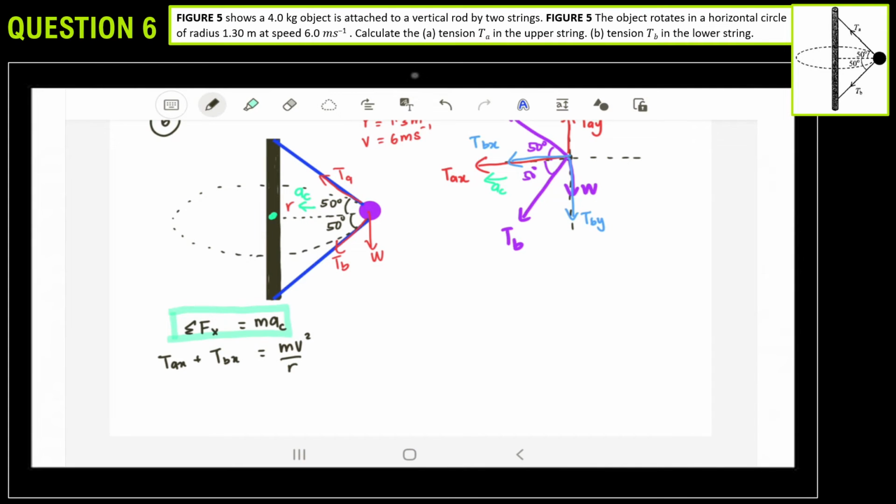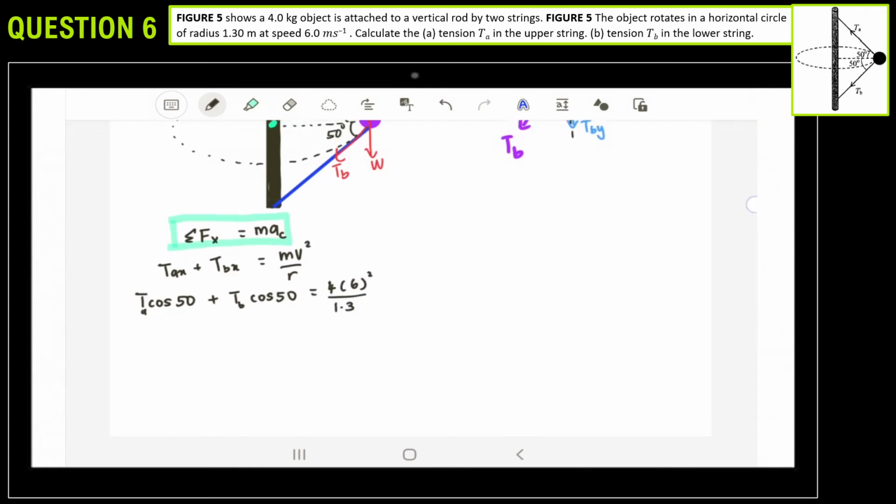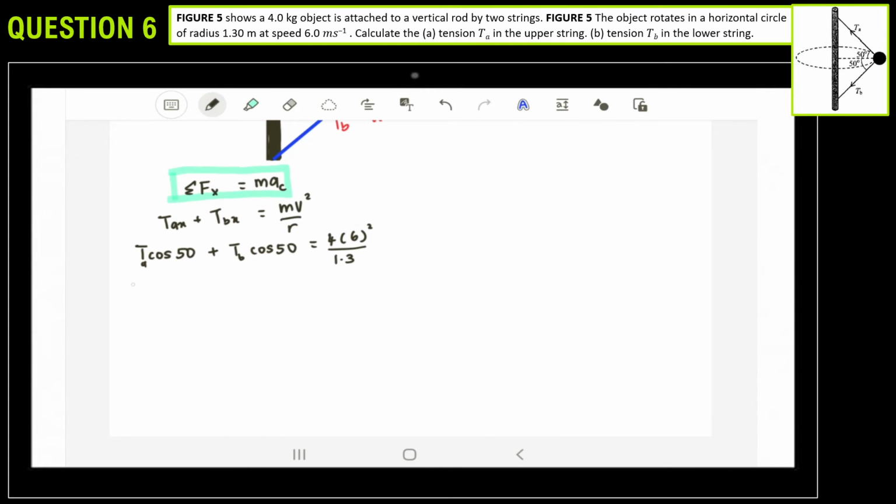TAX is TA cos 50, and TBX is TB cos 50, equal to M is 4, V is 6 squared over R, which is given as 1.3. So we can try to solve this one.